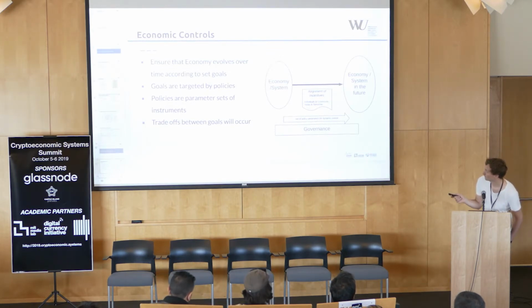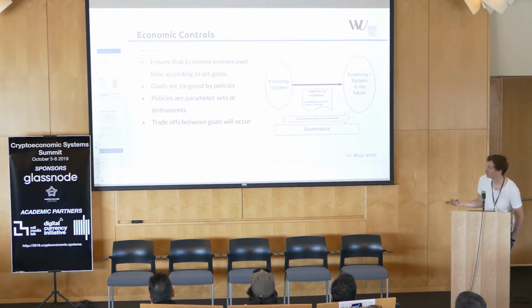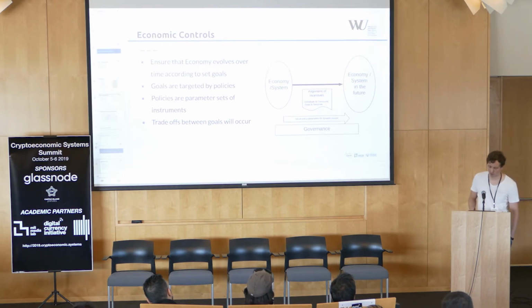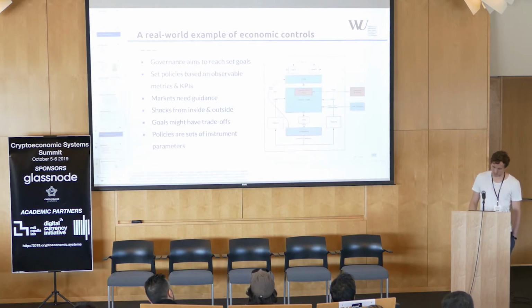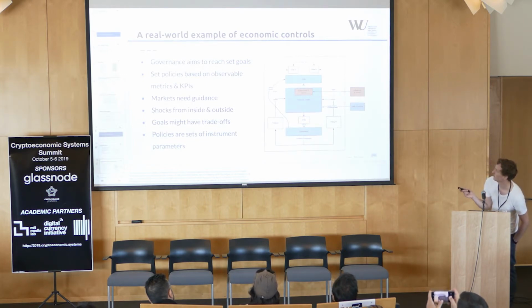So economists told us that, okay, if you want to have this, you need to, as a society, define some goals. Then you would define or target these goals by policies. And the goals are not directly reachable. You will have some kind of trade-offs because you can't have the perfect world. And if you look at this from a more scientific perspective, you could say, okay, how does this apply in real-world economics? So you have this economic system, which is this.